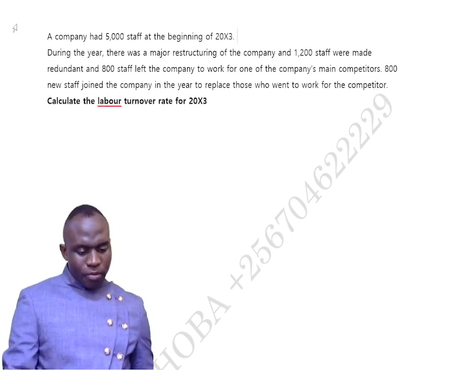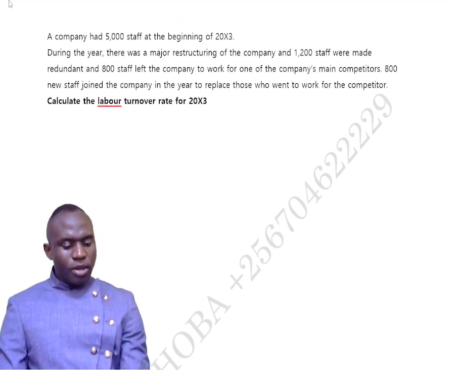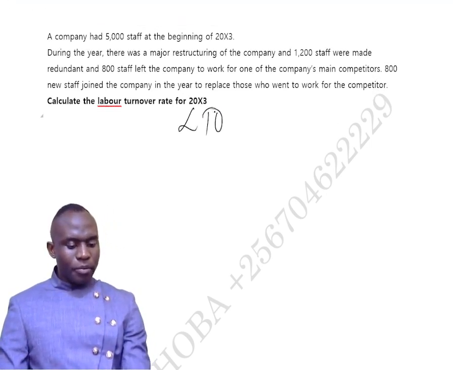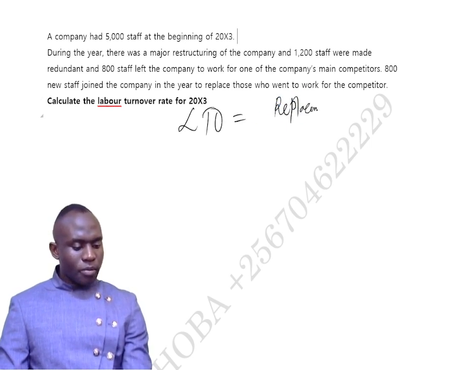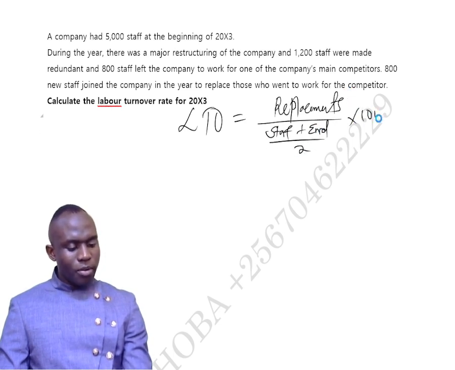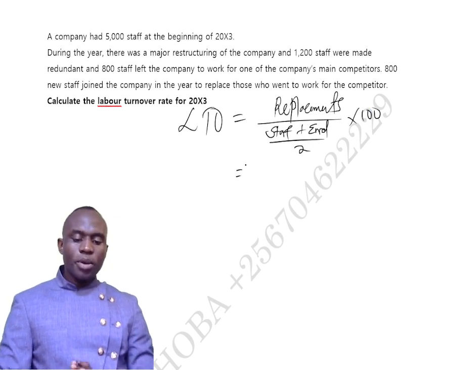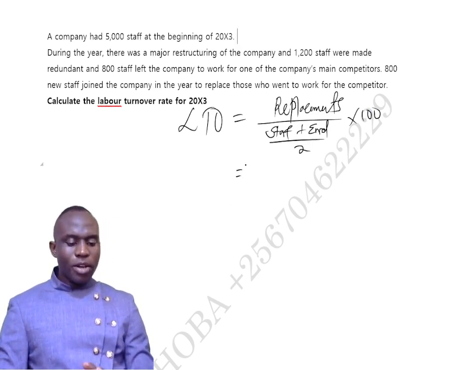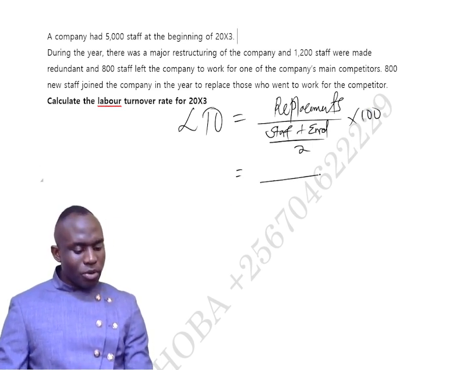So next, they want us to calculate labor turnover. And labor turnover is replacements divided by average. But what is average? It is people at the start plus employees at the end divided by 2, times 100. So we just copy and paste. A company had 5,000 staff at the beginning, so people at the start were 5,000.